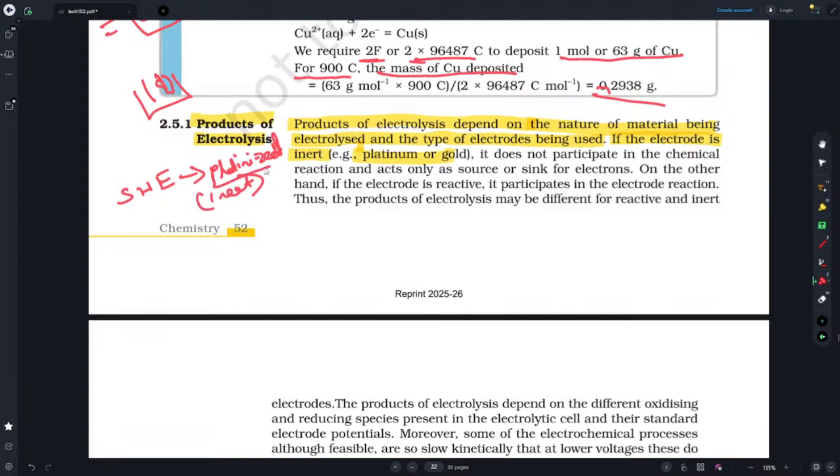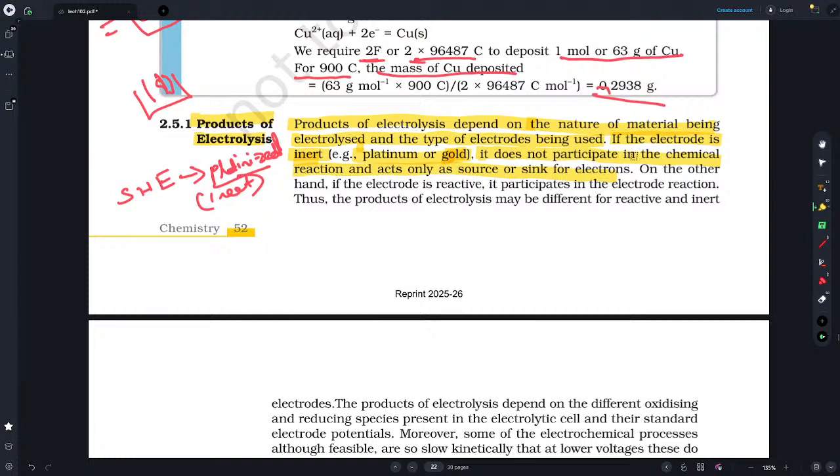Exactly what they are saying here. Example, we can take either platinum or gold. This electrode does not participate in the chemical reaction. That means this platinum will neither get dissolved in the solution nor will it be deposited on the electrode. As such, we call it inert. It does not participate in the chemical reaction and acts only as a source or sink for electrons.